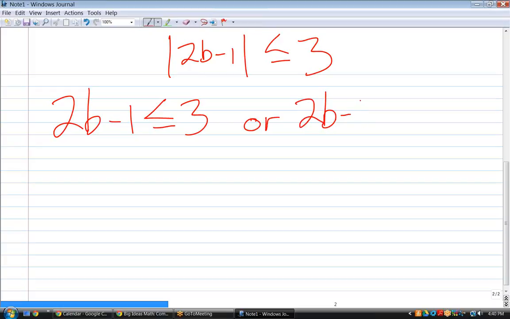And never mess with what's inside those absolute value signs. But now, for the second part, I have to change the direction and the sign. Now I have two inequalities. Let's solve them both.